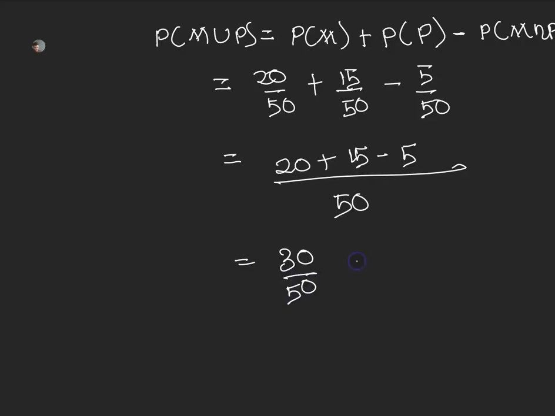And when we simplify, we can rewrite it as 3 over 5, right?